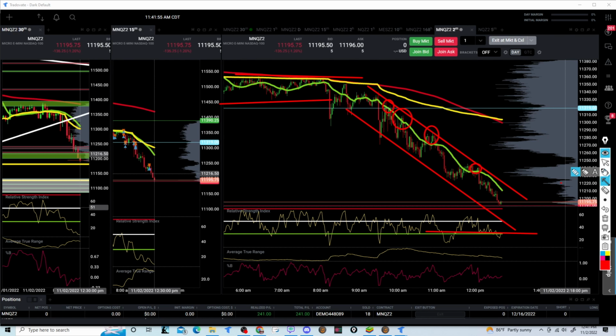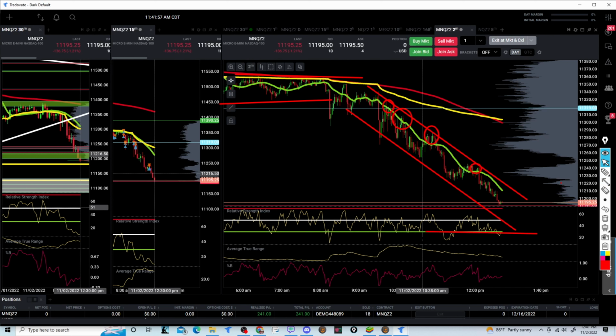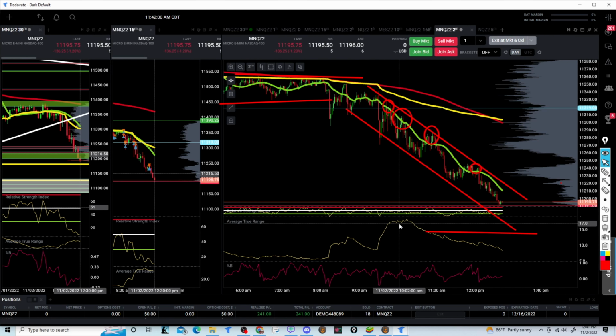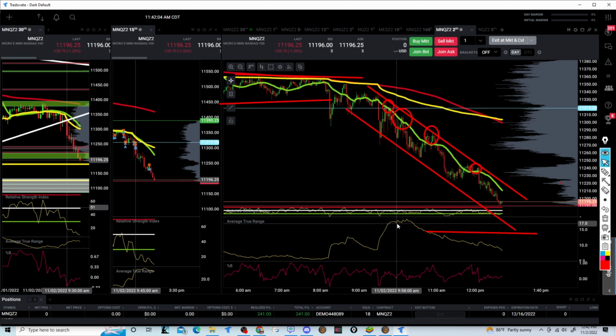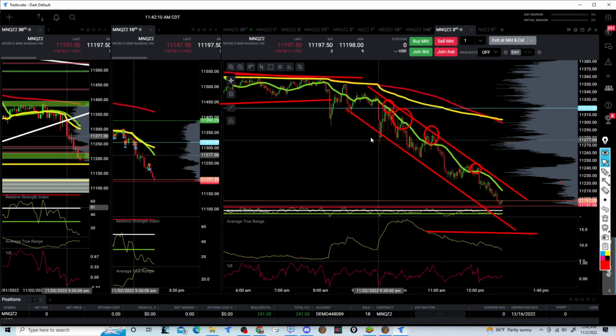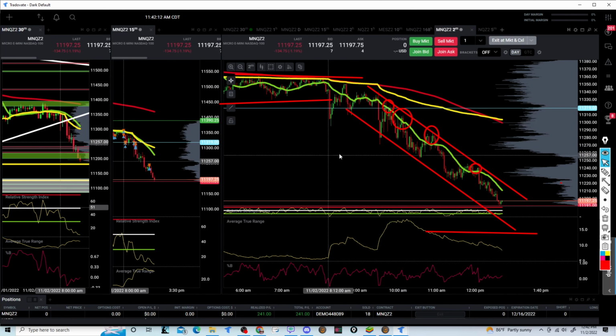Well, that's where you want to come down here and look at your average true range. Okay, the average true range in this area was about a $17 move. Okay, so you should be looking to capture at least a $10 move.